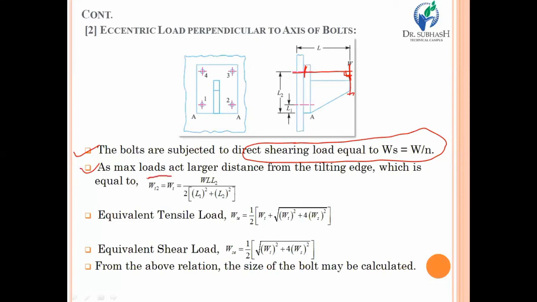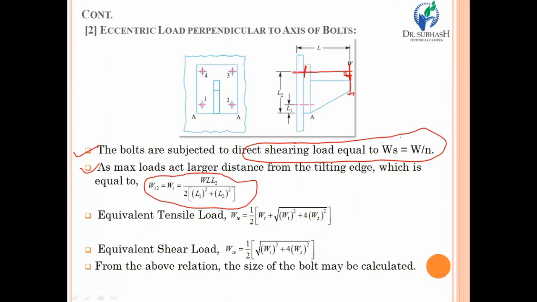And as the previous theory is similar, you just have to follow it here too. So WT2 is equal to WT, and that is equal to capital W, capital L into capital L2 upon 2 (L1 square plus L2 square).